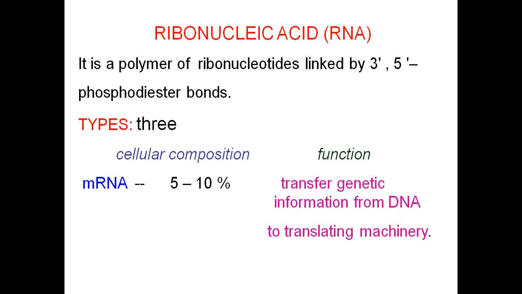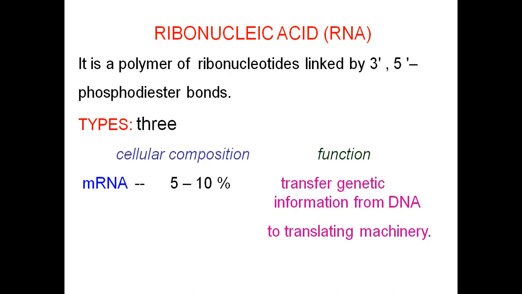If you see the cellular composition of mRNA, about 5 to 10% of total RNA is mRNA. mRNA means messenger RNA. The function of mRNA is transfer of genetic information from DNA to the proteins. mRNA is called messenger RNA.